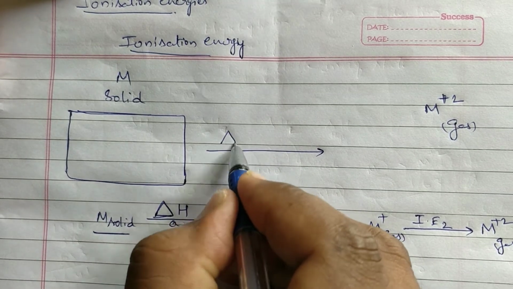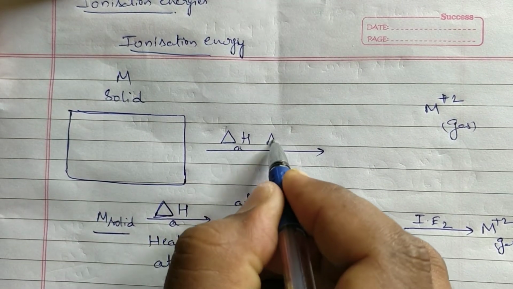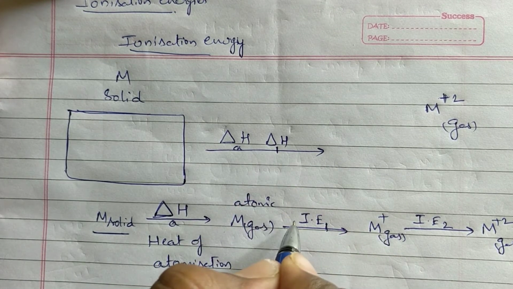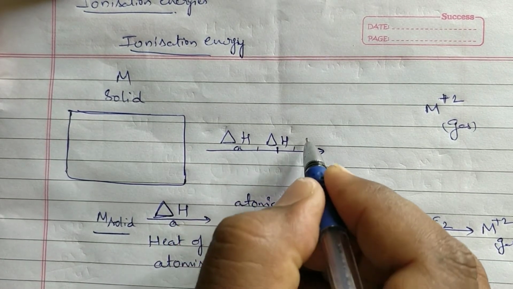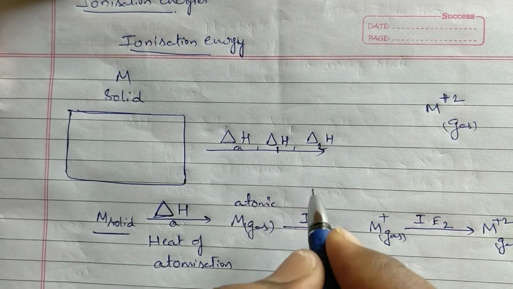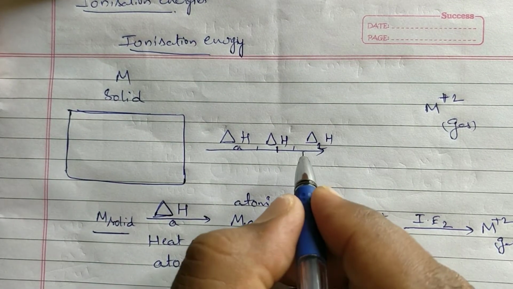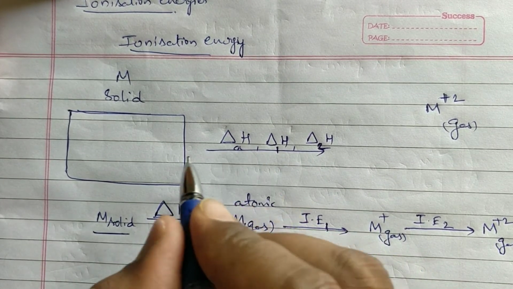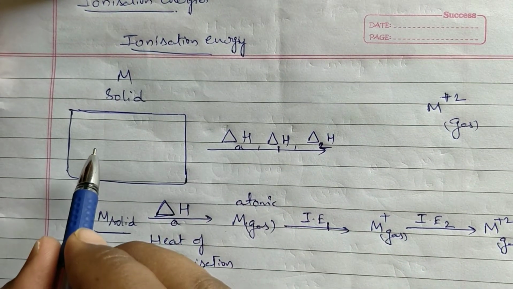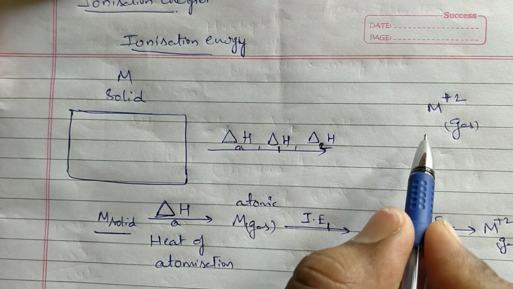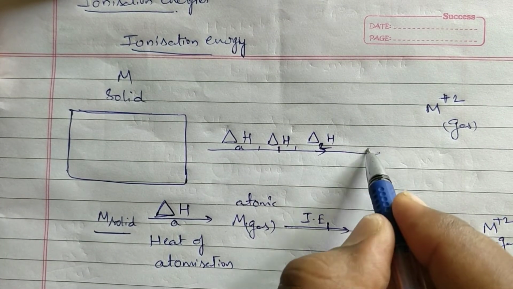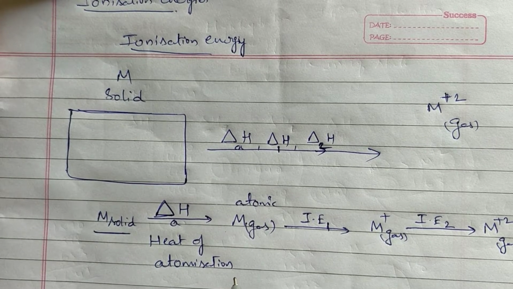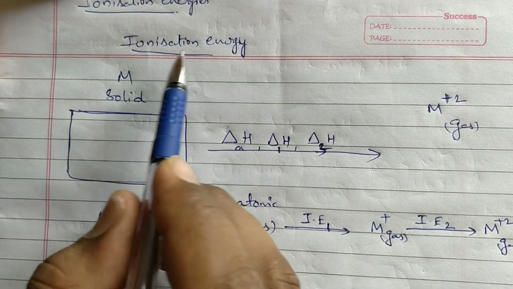These are delta HA, delta H1, which is called ionization energy 1, and delta H2, which is called ionization energy 2. All this total amount of energy will be absorbed to convert the metal solid to metal plus 2 gas. Is it clear?